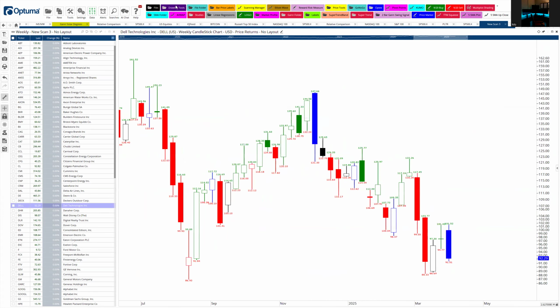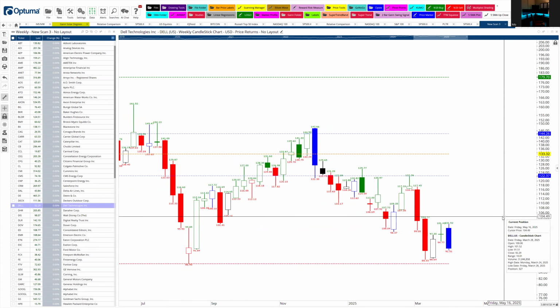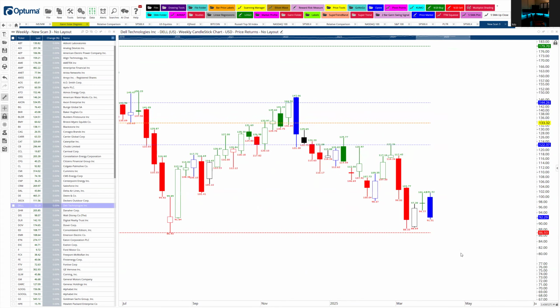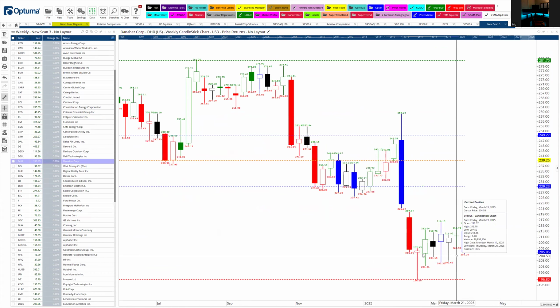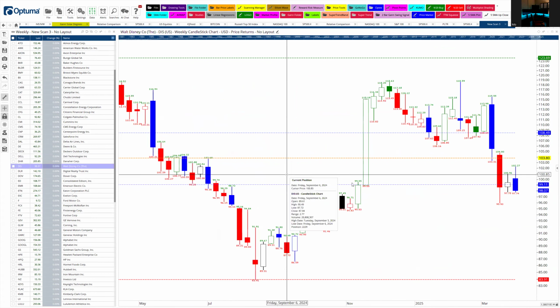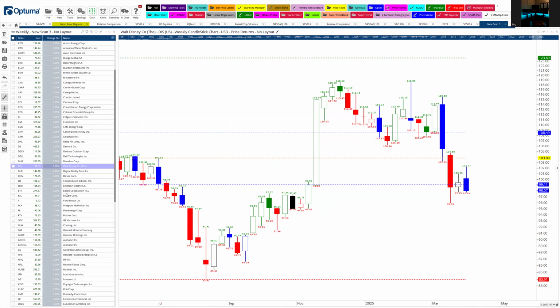We can do the same thing here. Some of these stocks we can do with this. All the way down there, you see Disney sitting right there.